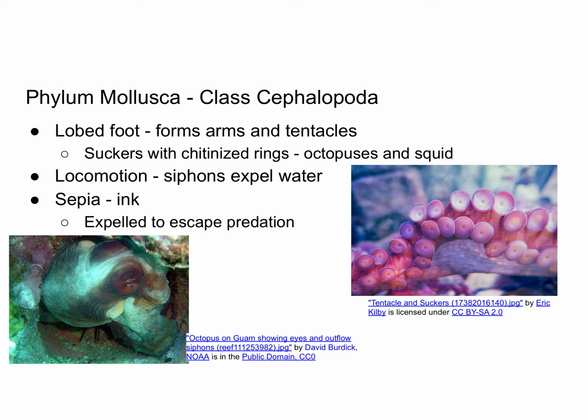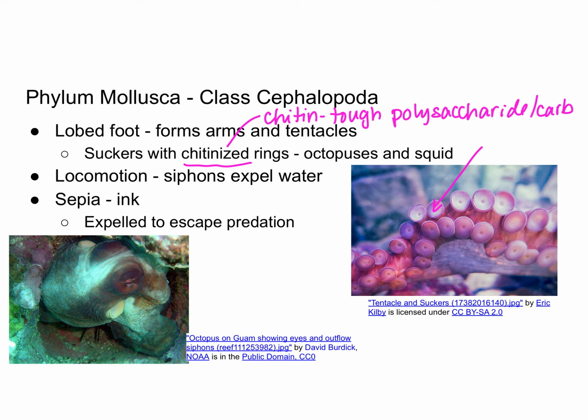You're probably also familiar with the tentacles of cephalopods. They have these specialized lobed feet that form arms and tentacles, and they have these suckers on them. These suckers have chitinized rings. And if you remember, chitin is a tough polysaccharide, which is a type of carb, a complex carb.